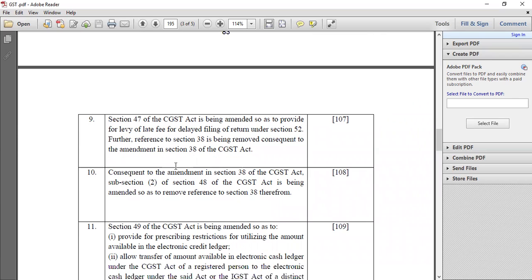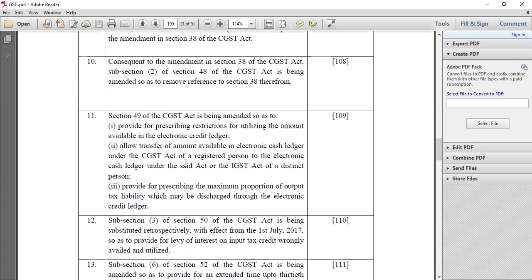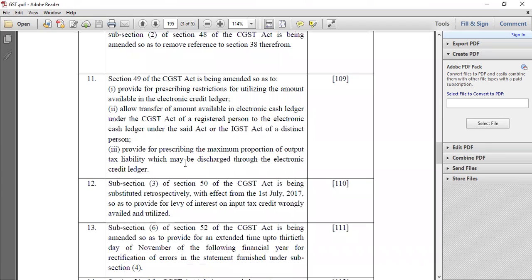Then section 49 of CGST Act is also being amended to provide for prescribing restrictions for utilizing the amount available in the electronic credit ledger.